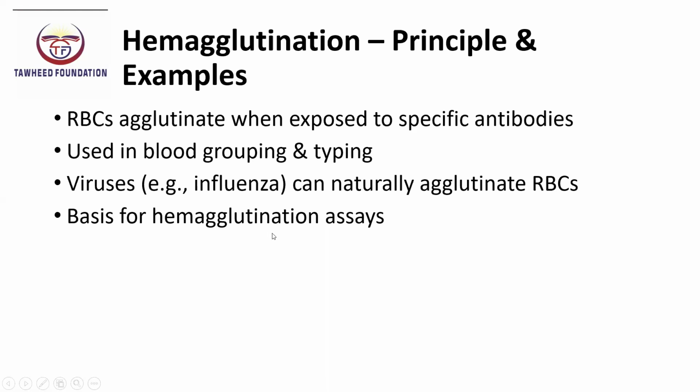This principle forms the basis for blood grouping and cross-matching, essential in transfusion medicine. Many viruses, such as influenza and mumps, possess surface proteins capable of directly agglutinating RBCs, a property exploited in laboratory diagnosis and research. Hence, hemagglutination serves as a valuable tool in both virology and immunohematology.